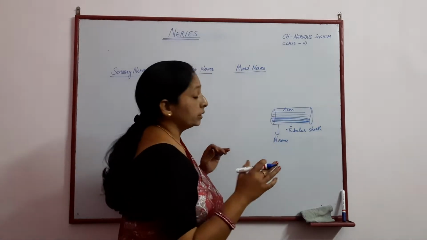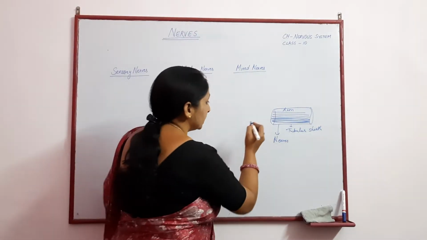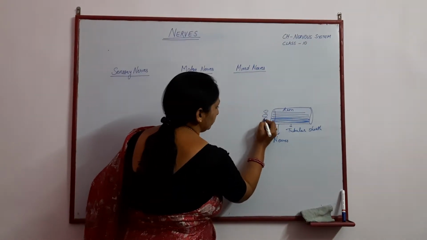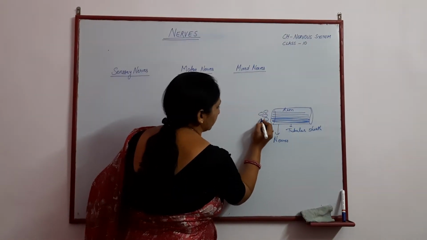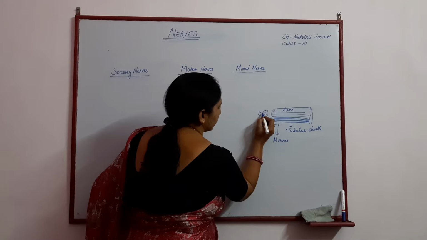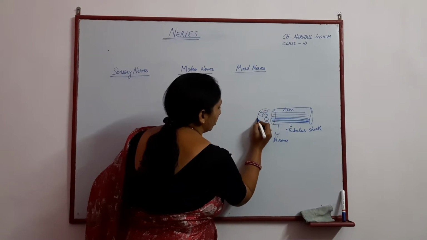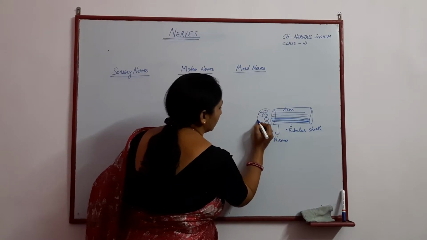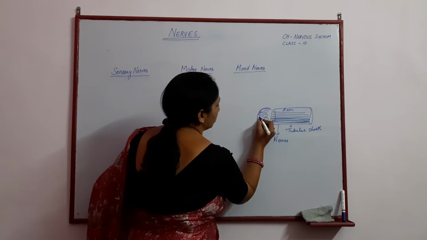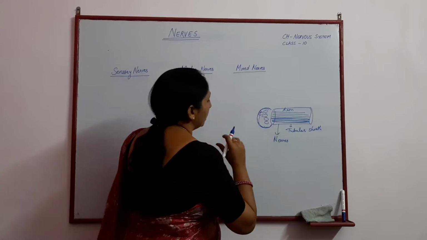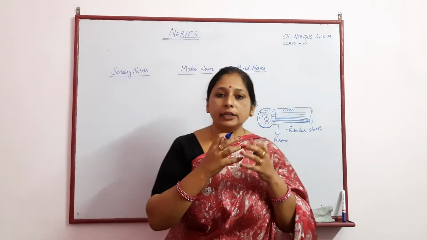This is about the axon. Then what about the cell body? I am just making a circle to represent the cell body.